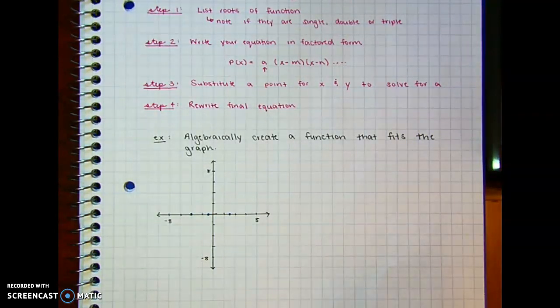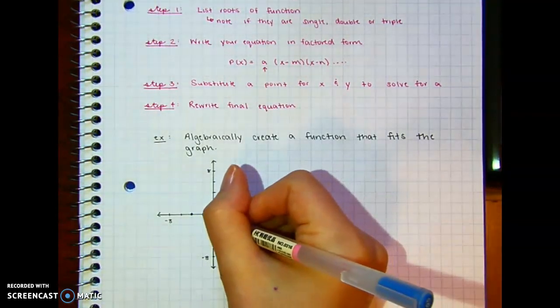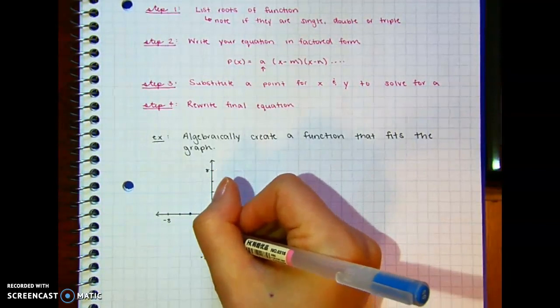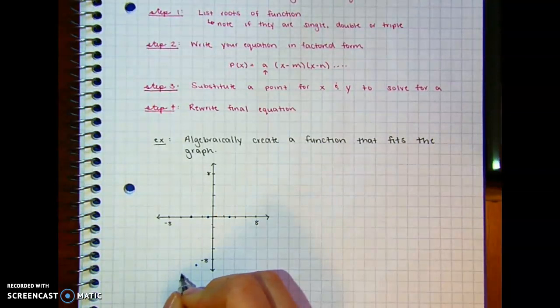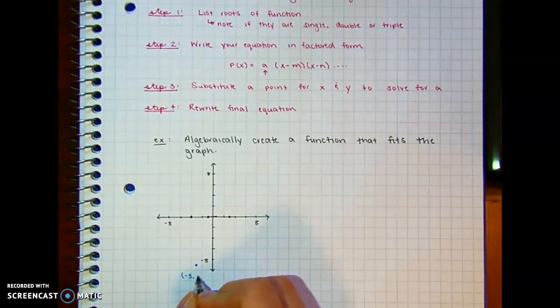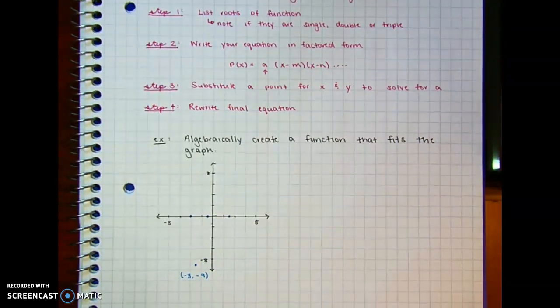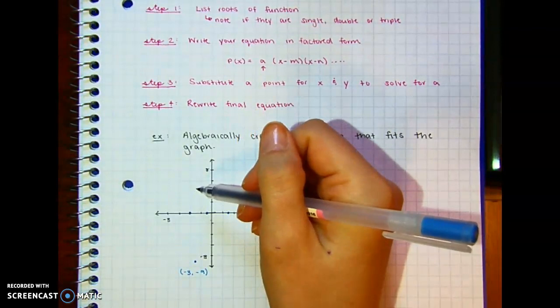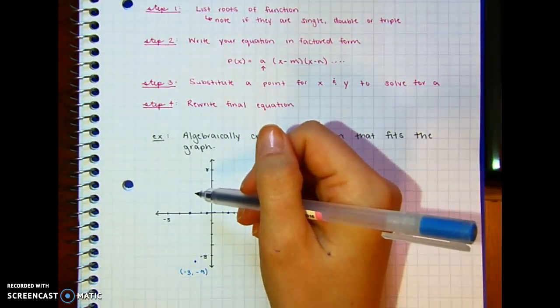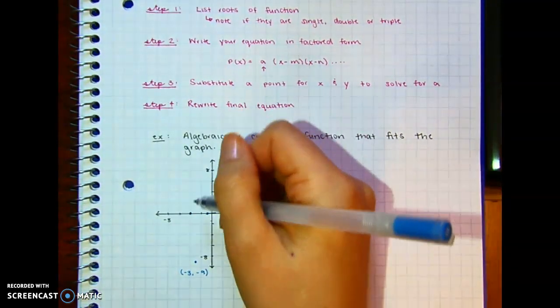And then negative 3, negative 9. So this is negative 2, so negative 3, negative 9. And that one I'm going to label. Okay. And now our end behavior is going to be up, up, and we're going to intersect like this. So make sure you graph this accurately.